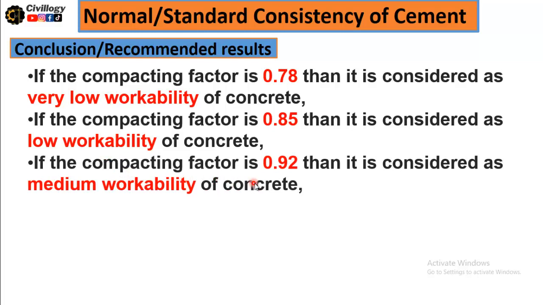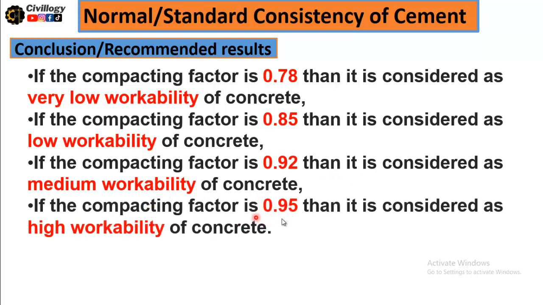Now if the compacting factor is 0.92, then it is considered medium workability of concrete, and if the compacting factor is 0.95, then it is considered high workability of concrete. In our case, the test we performed, our value was 0.91, which lies very close to this, and it should be considered medium workability of concrete.